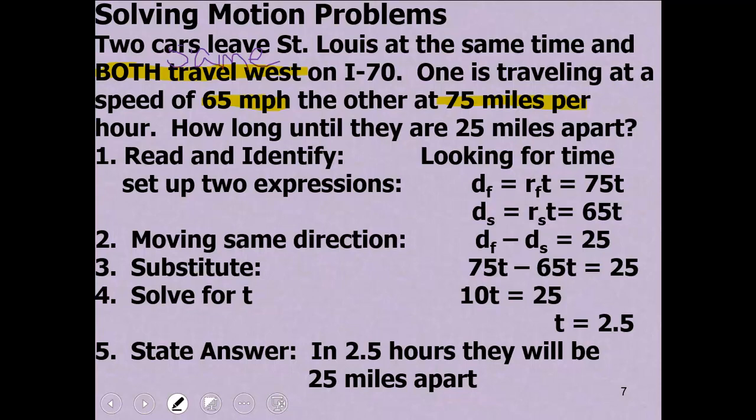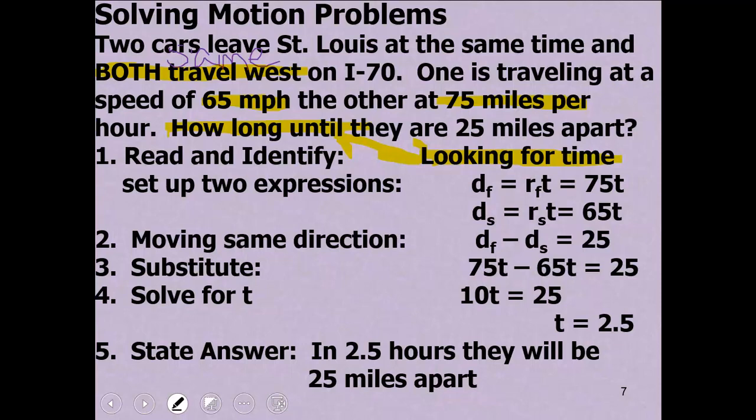How long until they're 25 miles apart? What are we looking for? We're looking for time. It's important that you be able to read the question and figure out which part of those three things they're asking you to find.